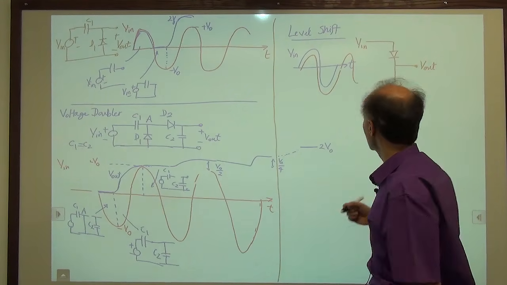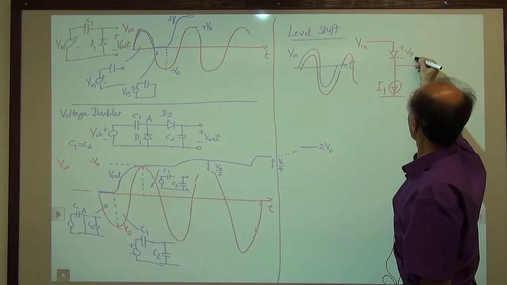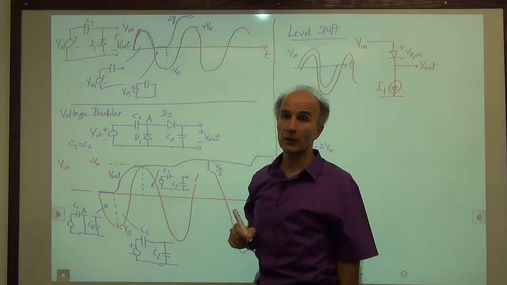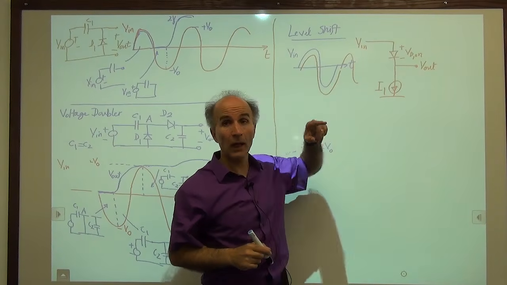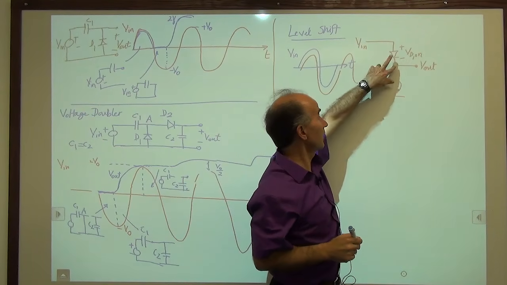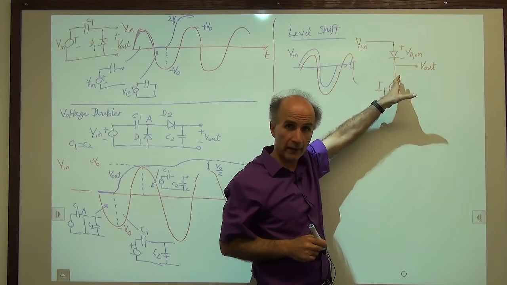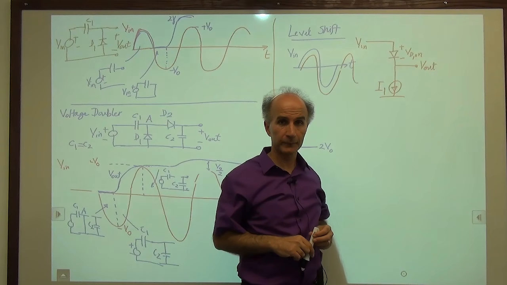And if it's always on, then it has a certain voltage, VD on, and that gives us a level shift. As an exercise, now you can ask yourself, how can I shift the signal upward instead of downward? You can imagine that this diode has to be flipped the other way, the current has to come the other way to bias it up, etc., but that's relatively straightforward.